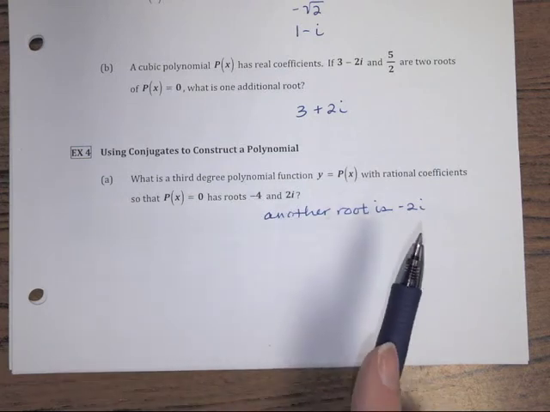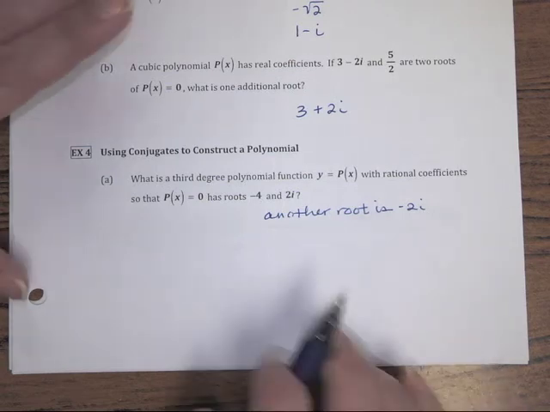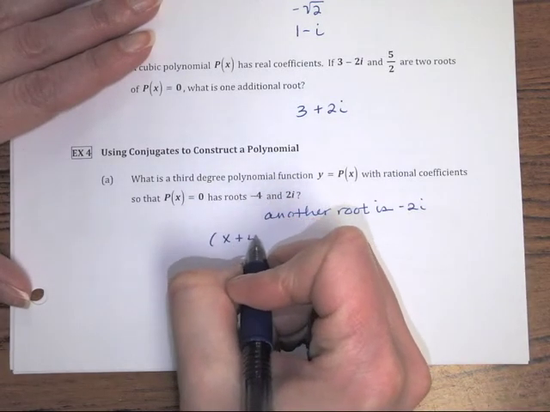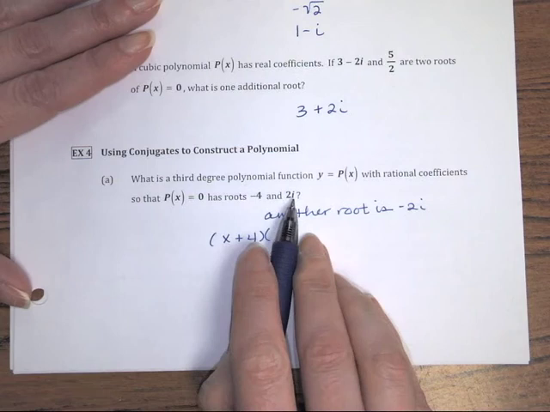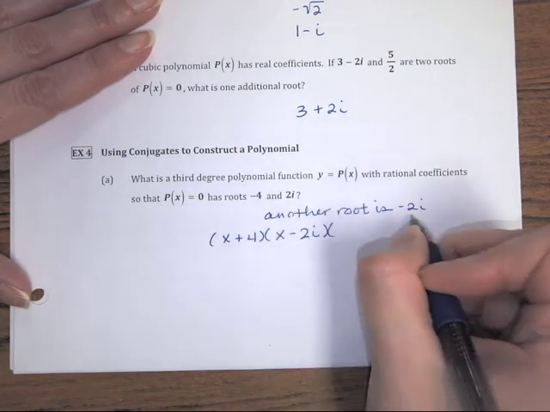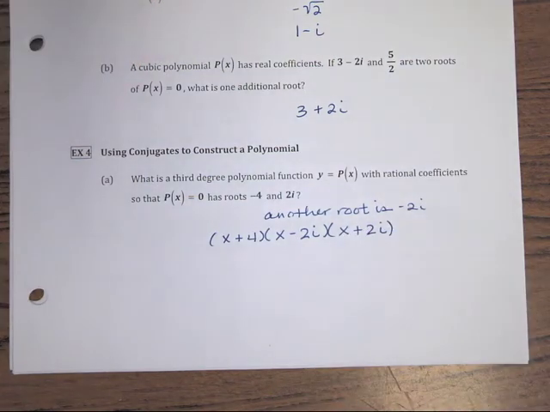Now, let's put these roots as binomials, because remember, it's x minus a that gives you the root, or the factor. So I have x plus 4. This one will give me x minus 2i. This one will give me x plus 2i. Those are my factors, right?